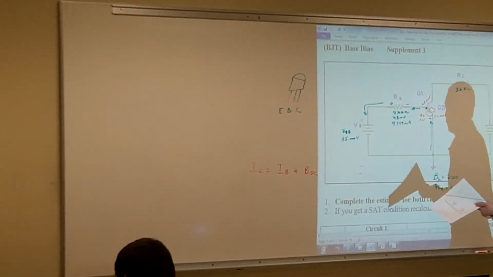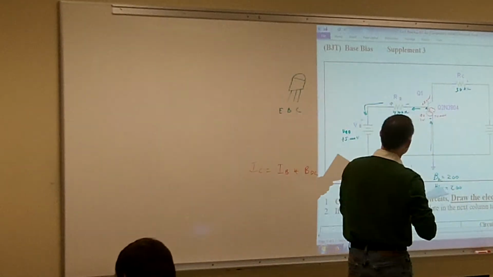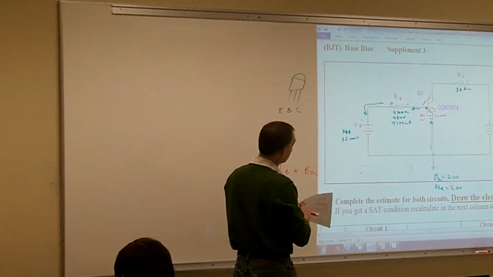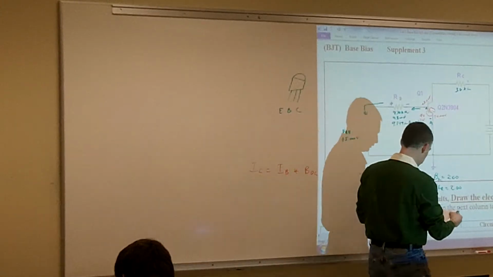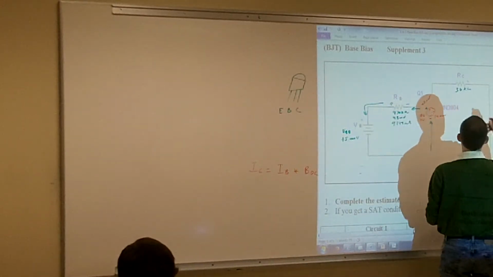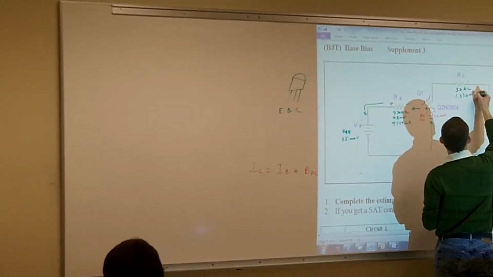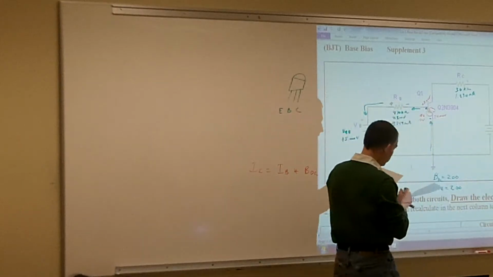So what do I get for my collector? That's determining what the current is going through RC. 1.829, or 1.83 milliamps. Okay, so there's our gain.